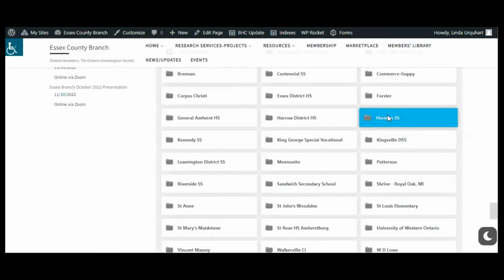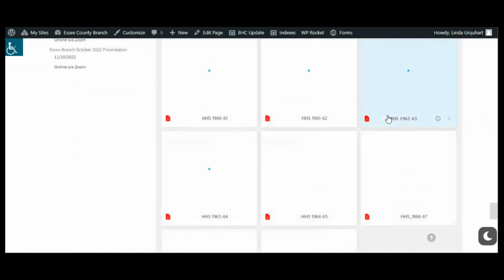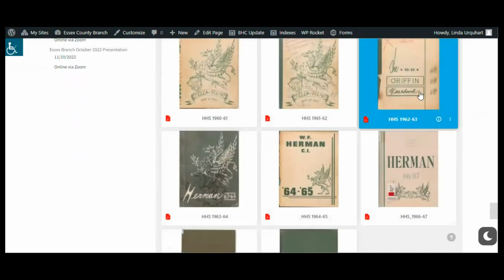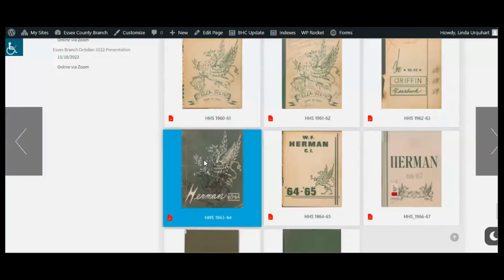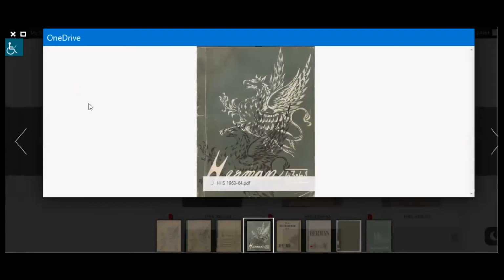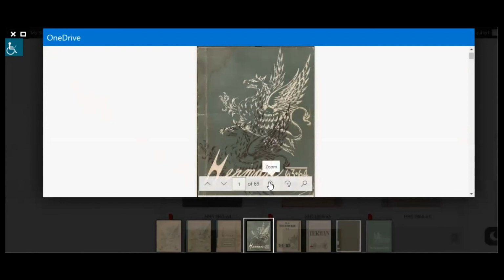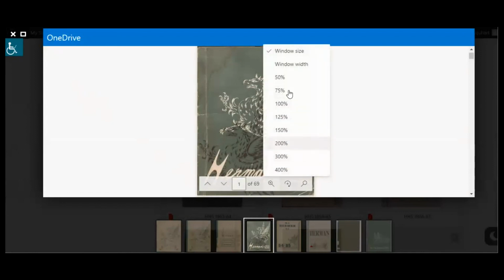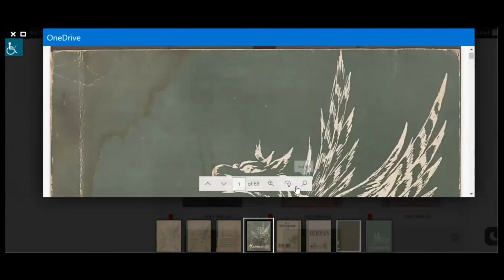If I go into Herman and go to 6364, again, I'm going to wait for it to load. Then I'm going to zoom to window width.